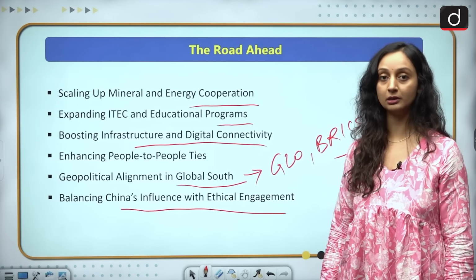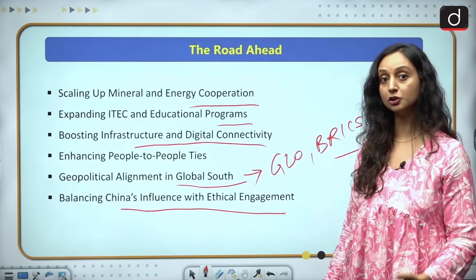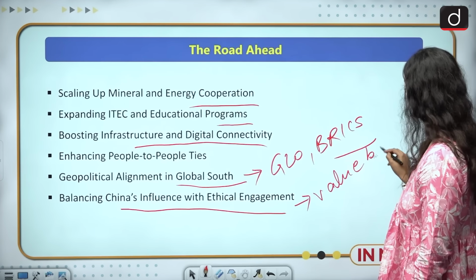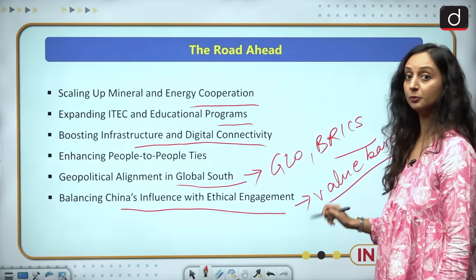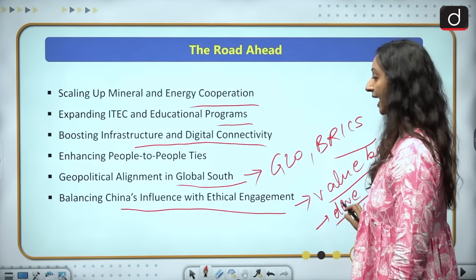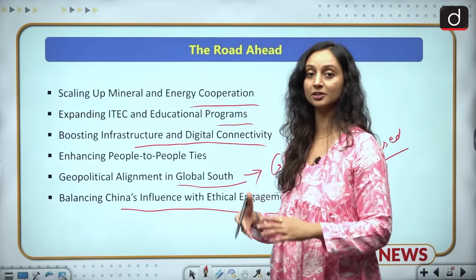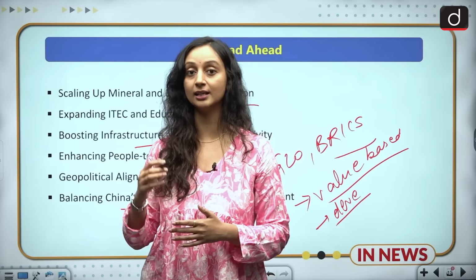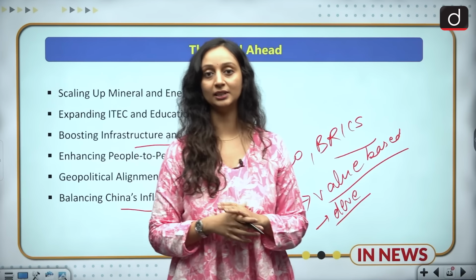China focuses only on an infrastructure-centric approach. So what should India do? India should have a value-based, development-based approach, and this is going to do what? This is going to increase our moral goodwill and place us in a good light in terms of these countries.